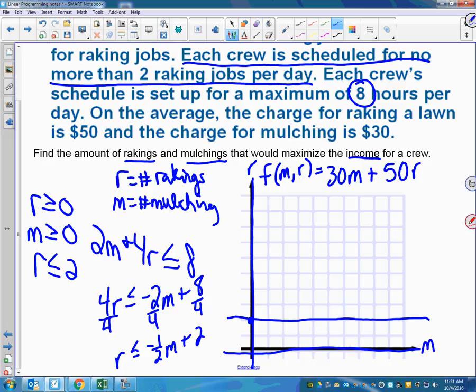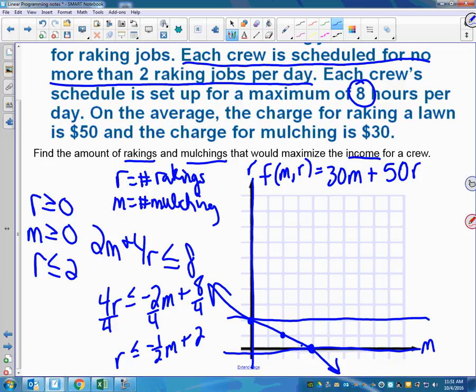So if I graph that, I have a y-intercept of 2 and a slope of down 1 over 2, down 1 over 2. You with me on that?